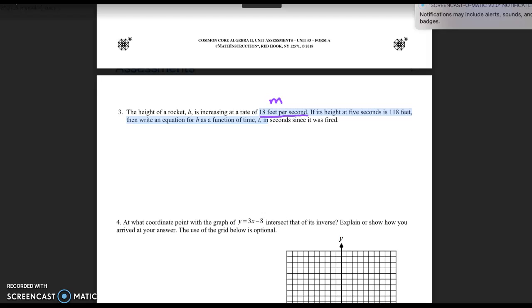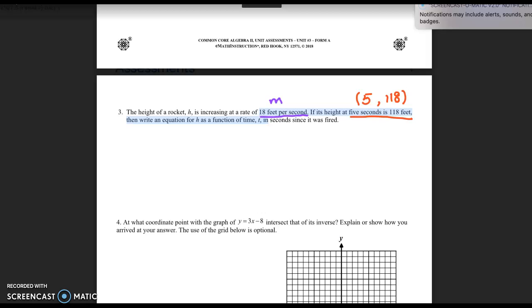And then there's another very important piece of information, which is 5 seconds, and the output is 118. So I know this is going to be a linear function because the rate is constant.